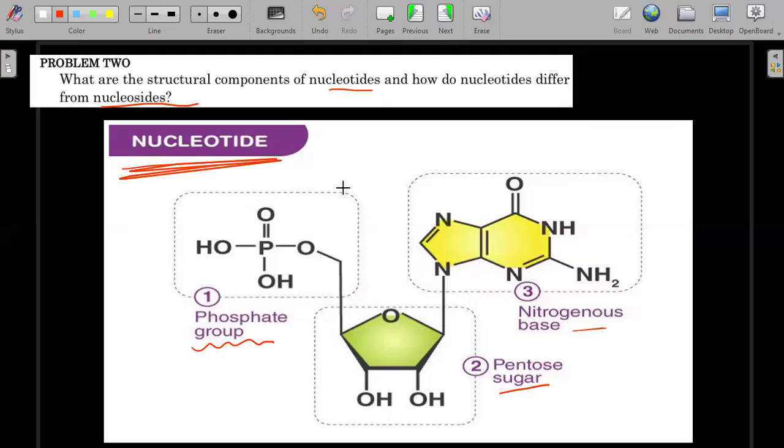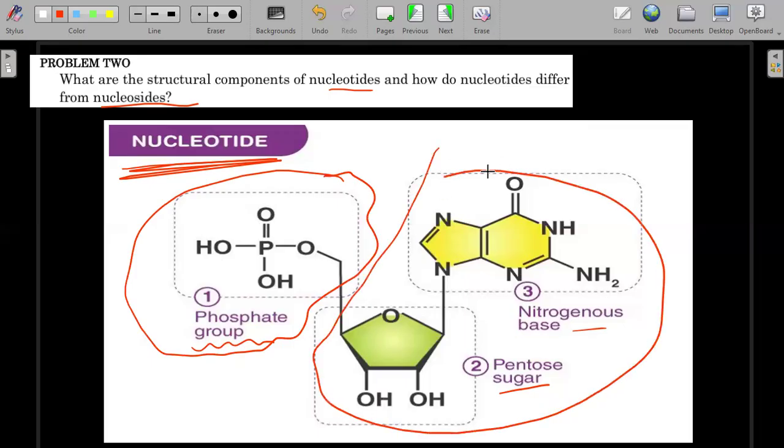If we remove the phosphate group from the nucleotide, what remains is the nucleoside. The nucleotide has 3 components, and the nucleoside only has 2.